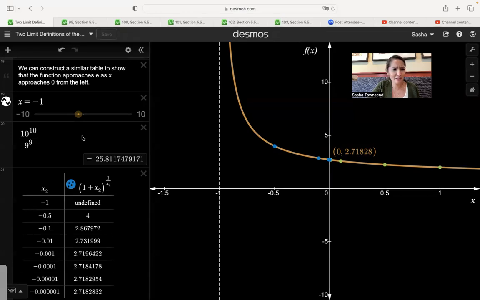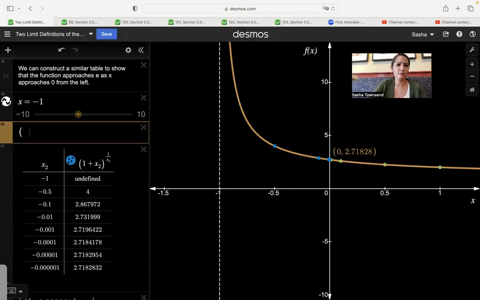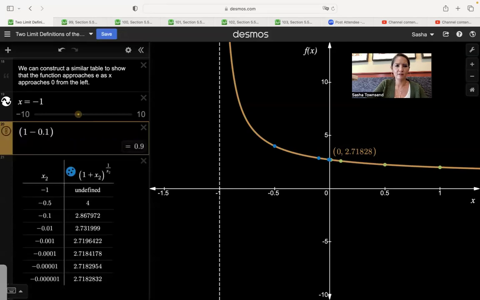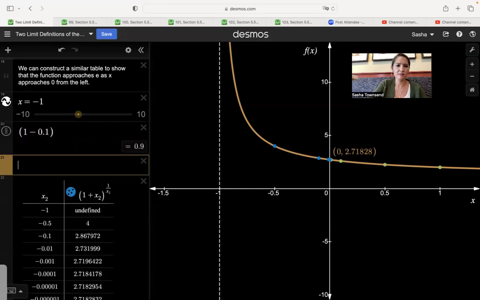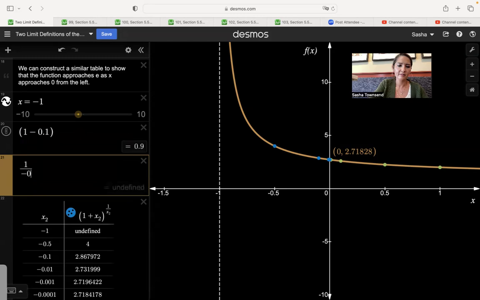Looks like I must have made an error somewhere. I have 10 to the 10th divided by 9 to the 9th, which is 25. That's nowhere near this. I'm like, what did I do wrong? I have 9/10. They have 2.867. Let's do 1 minus 0.1. Okay, so that's 9/10. And then 1 divided by negative 0.1, so that's negative 10.